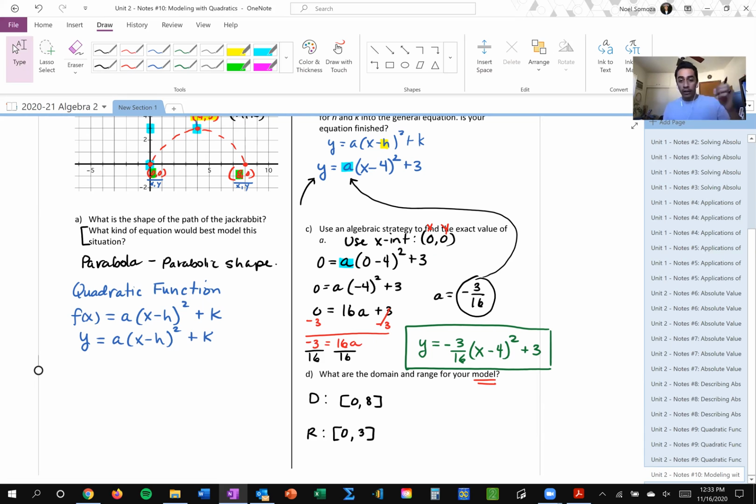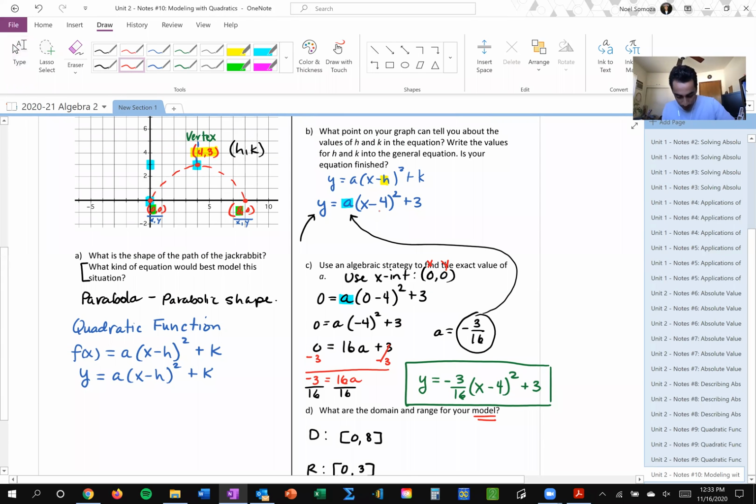So while you're working through it, when we plugged in the h and the k, I was able to do that, but I still had an unknown for a. And that's what brought me into the next part of the equation where I had to solve for a. Once I solve for a, then you must put it into your equation. That makes sense? So it's not until you found a that you go back and replace it. But in the meantime, you'll have to keep a working through it.